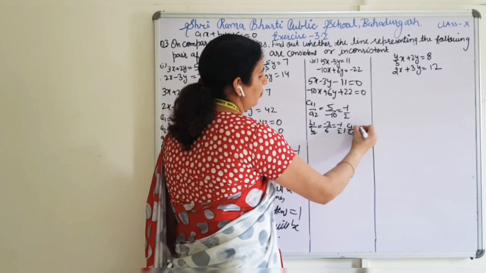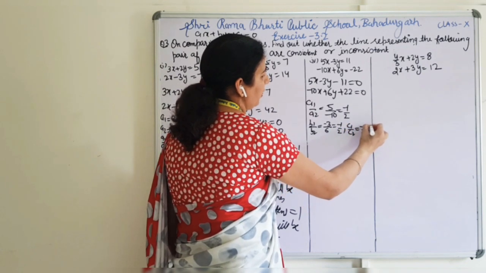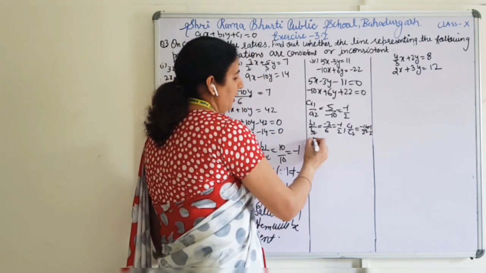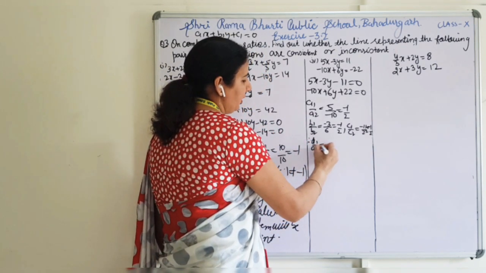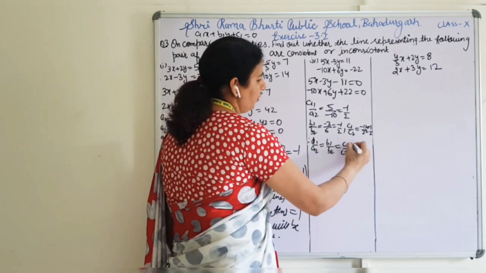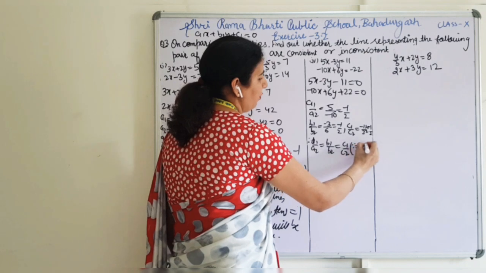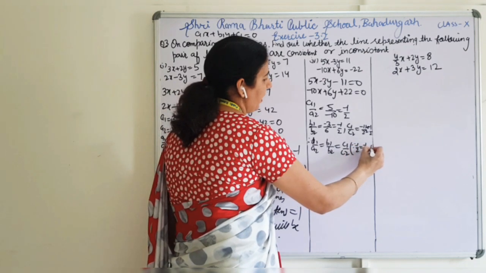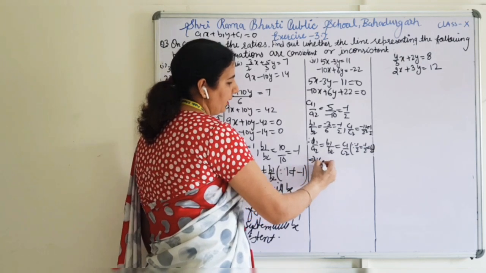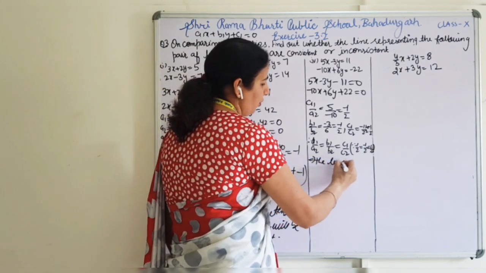C1 upon C2, minus 11 upon 22, is also minus 1 upon 2. Here A1 upon A2 is equal to B1 upon B2 is also equal to C1 upon C2, because minus 1 by 2, minus 1 by 2, minus 1 by 2, they are all equal. This implies the lines will be coincident.